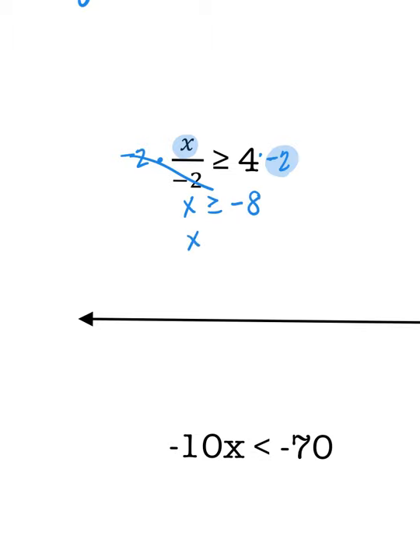So x now is less than or equal to negative 8. And that's your answer. So we can go ahead and graph that at negative 8. And it's less than or equal to, so our circle is filled in. And it's going to the left, less than or equal to.